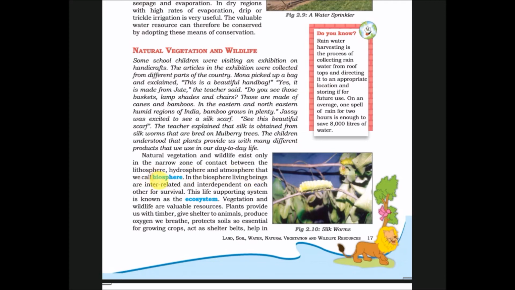I prescribe you to read this sentence and these sentences and write them in your notebook and be prepared to write Biosphere in your exam because it is a main topic in this chapter. And one important topic is ecosystem.